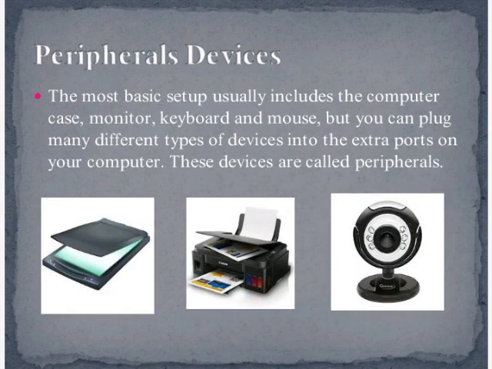Next, now we know the basic parts of a desktop computer. Apart from this, there are many devices related to computers, many devices which are connected to computers. Do you know them? Printer, scanner, web camera, joystick, etc. These are not basic parts, but they are connected to computers when needed.